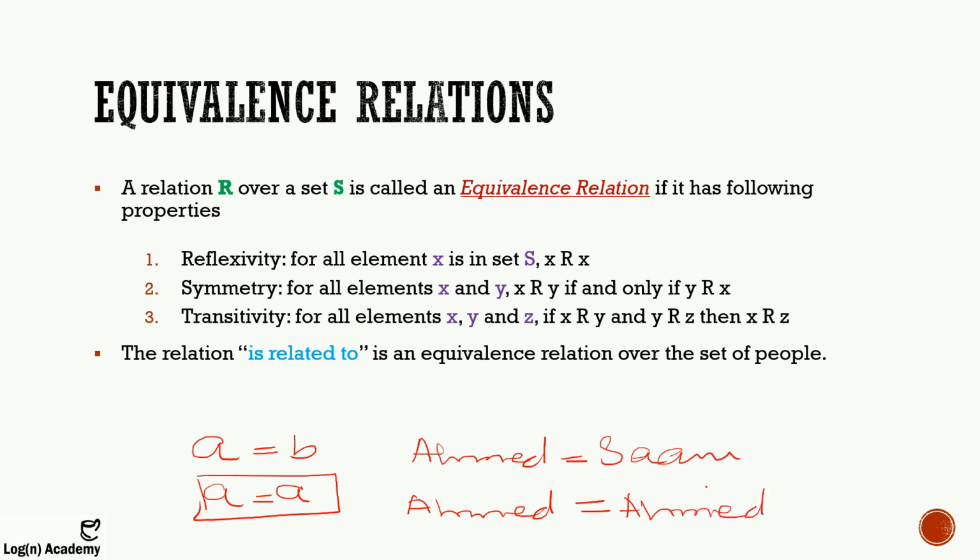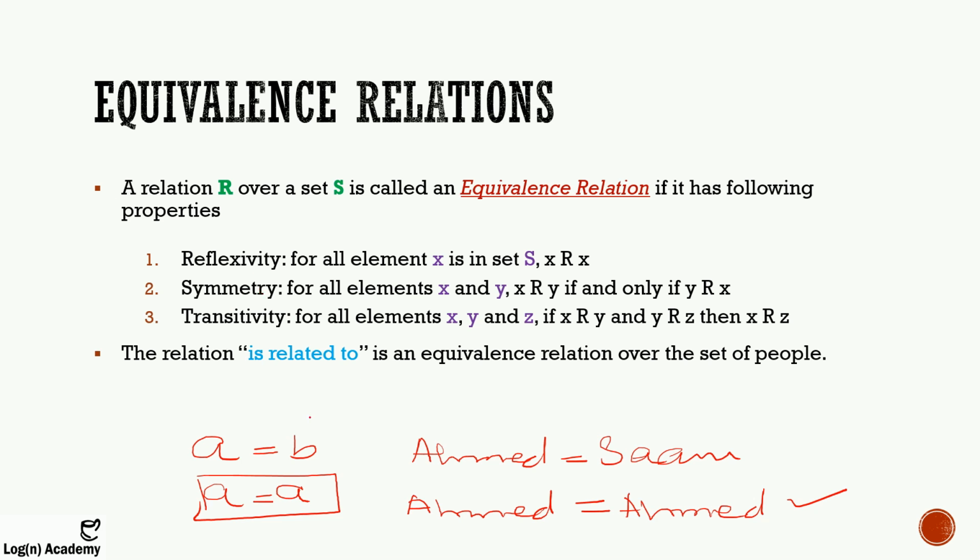So Ahmad is related to Ahmad, and this will be true. So every element, every object has a relation to itself, and that relation cannot be false, right? So this was the first point.